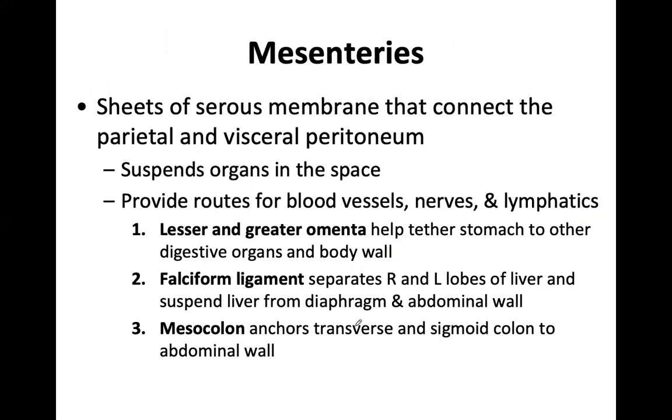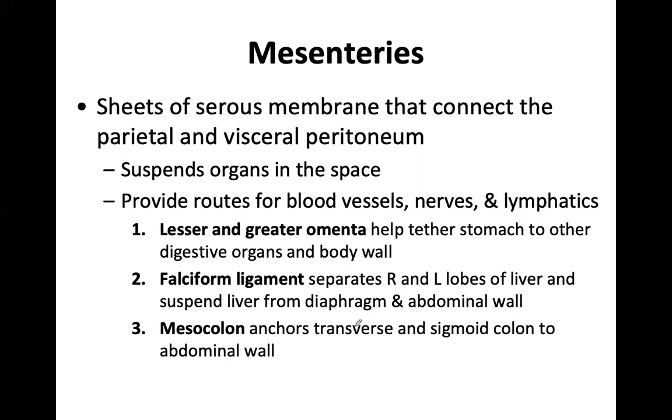Let's take a look at some of the mesenteries that we have in the digestive system. For you to understand the mesenteries, you have to think back at the serous membranes we talked about, lining the internal cavities of the body. We had three main ones.